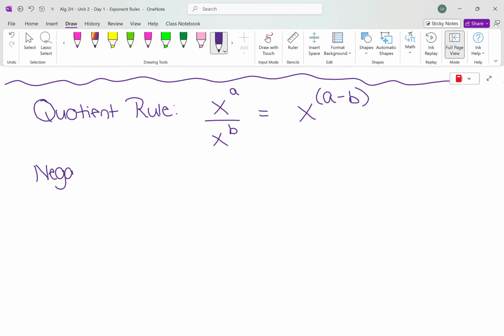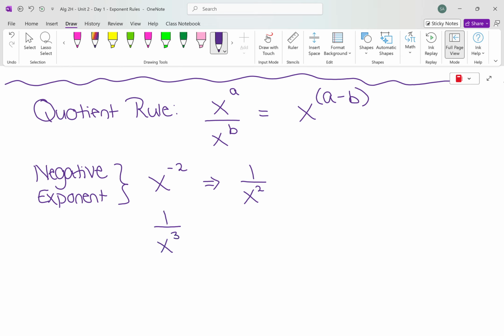Let's also talk about negative exponents. Who remembers if I have x to the negative second, how to make that positive? Only 2 people out of a whole class. Leo? You go under 1, so 1 over x to the 2. Yep, you move it into the denominator and make it positive.